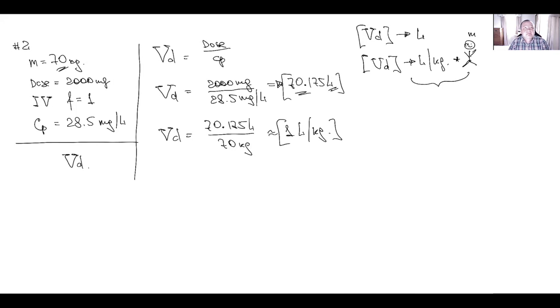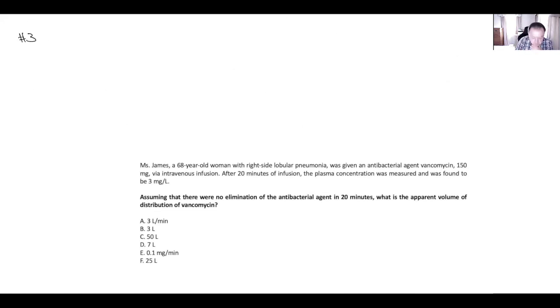Next question. 150 milligrams IV. Bioavailability is 1, and 20 minutes after, the plasma concentration was 3 milligrams per liter. And assuming no elimination of the drug in these 20 minutes, so actually this corresponds to C0 concentration, what is the apparent volume of distribution?